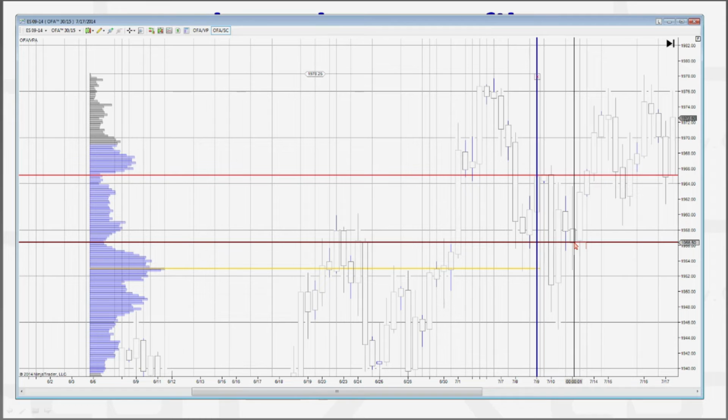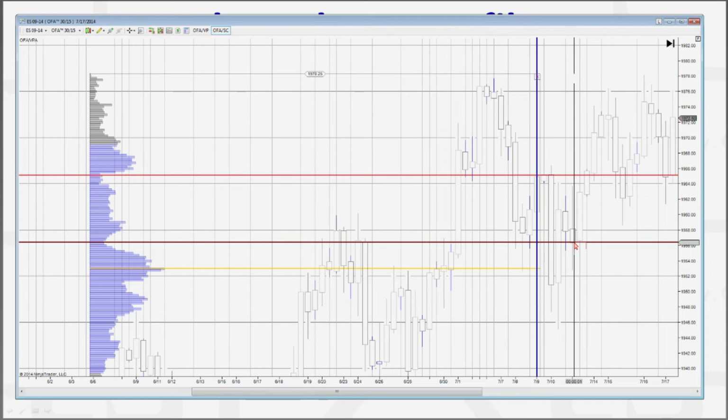Good, I'm glad this makes sense. I'd like opportunities outside of value. Am I too strict? No, I don't think you're too strict at all. I just think that you need to apply the context of value relative to your trades. And it sounds like in that case you would like to be taking trend trades, right?